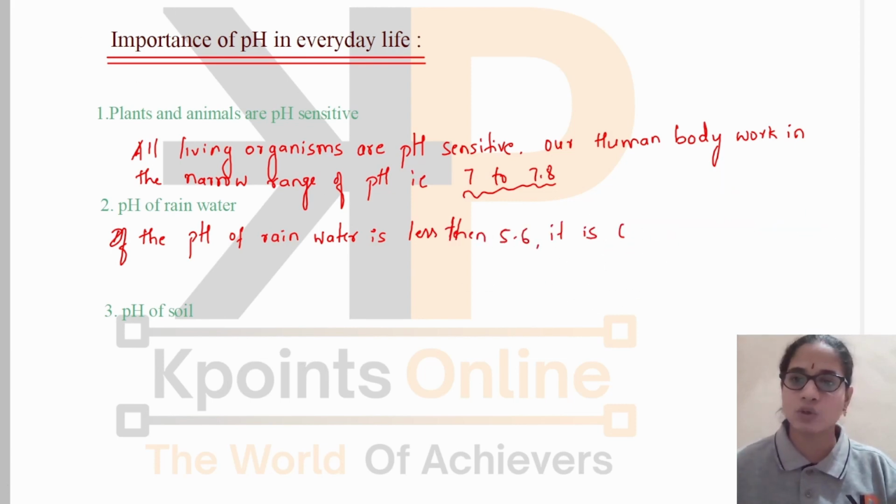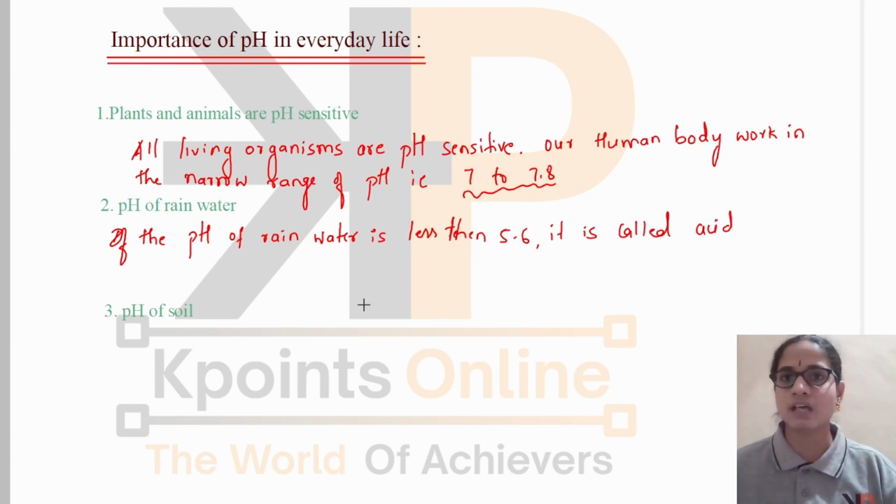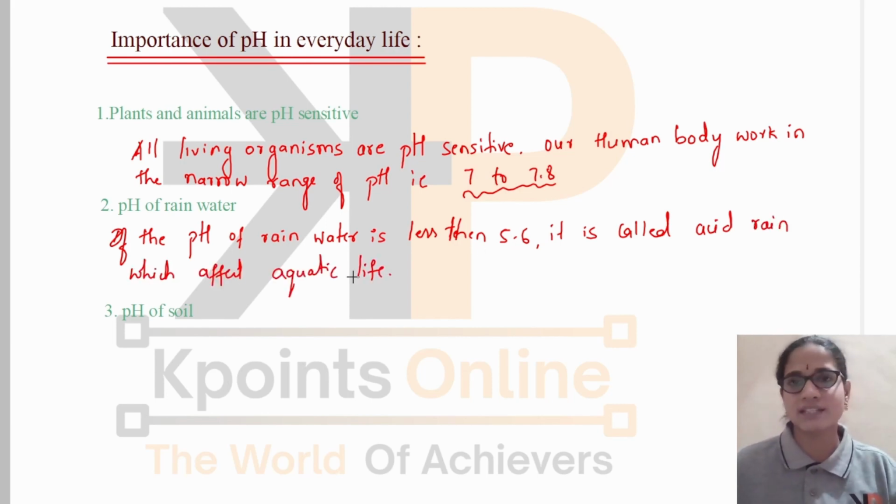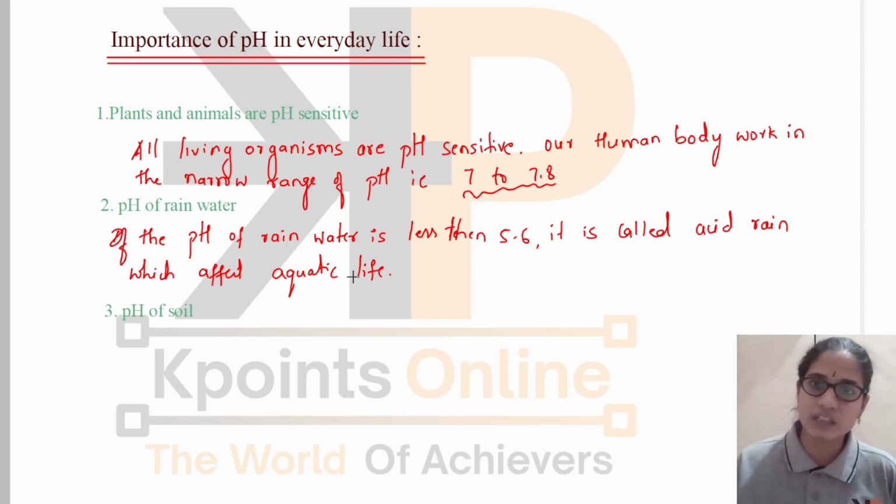When pollution in the air increases, gases like sulfur dioxide and carbon dioxide increase in the air, and when they get dissolved in water, they form acid rain. It is very important to maintain the pH of rainwater. It must not go below this value, which affects aquatic life and also the agricultural land.